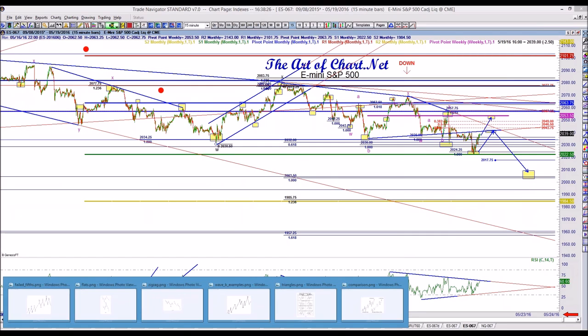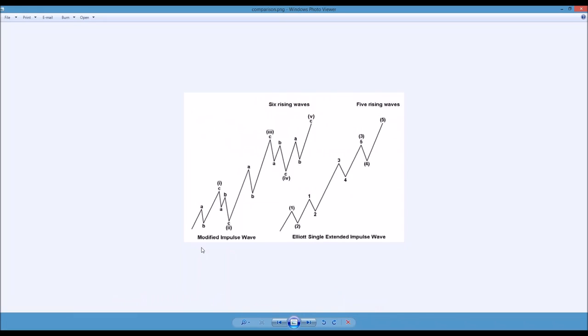Going back to this diagram, you can see 3 waves, 3 waves, 3 waves, 3 waves, 3 waves, versus in a traditional Elliott sequence, your 1 and 2 leads to a 1.618, and typically then it leads to a 0.618 origin 3, 4, 5. So it's a different measuring scheme. And the reason I switched over to a 3-wave sequence, I'm going to tell you right now, is the market is not the same as it used to be.